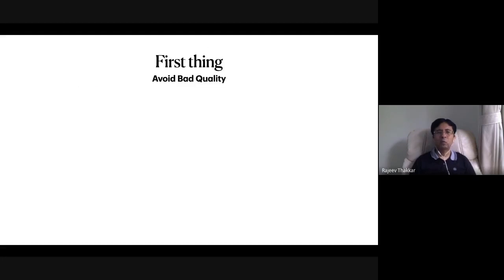The first thing is to avoid bad quality. Bad quality meaning absolute trashy companies. And how do we define bad quality? One of the frameworks given is, firstly, it should not be fraudulent, meaning they are showing sales when there are no sales. They say they have a factory when there is no factory. They say they have 1,000 stores when they hardly have 100 stores. So first is out and out fraud.